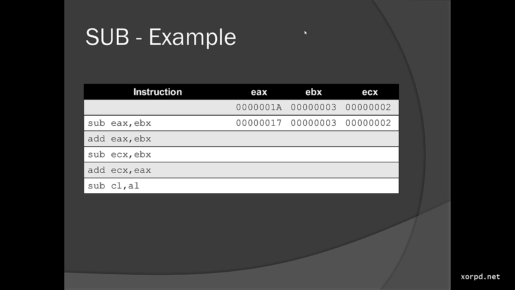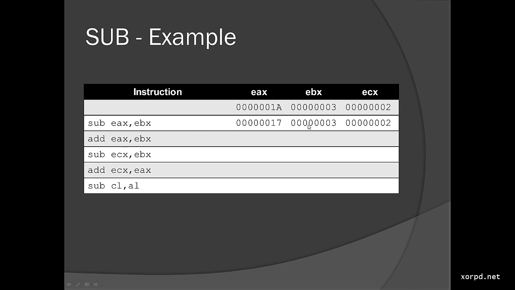The next instruction is addition. I put it here just to make the example more interesting. I know it is an example about sub. Add EAX, EBX. The last instruction was about subtracting EBX from EAX, and now we are adding it again, so we expect to get the original value of EAX.